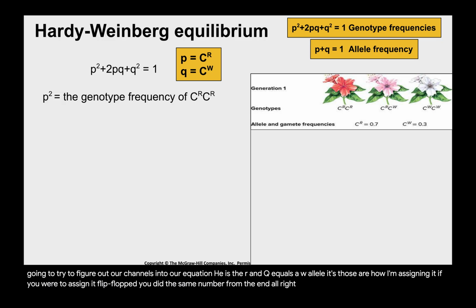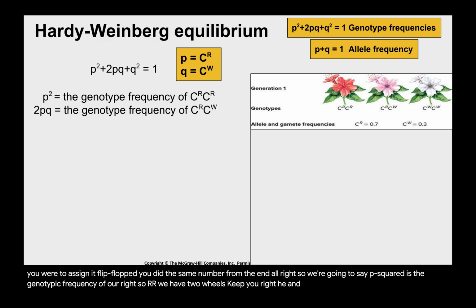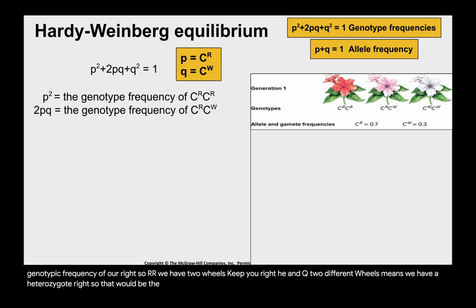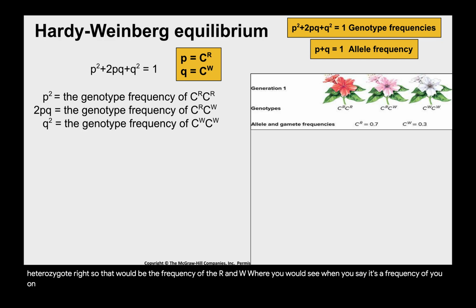So p squared is the genotypic frequency of RR. We have two R alleles, so p squared is RR. The 2pq, p and q, two different alleles, means we have a heterozygote, so that would be the frequency of R and W. And then q squared is the frequency of the homozygous W genotype.